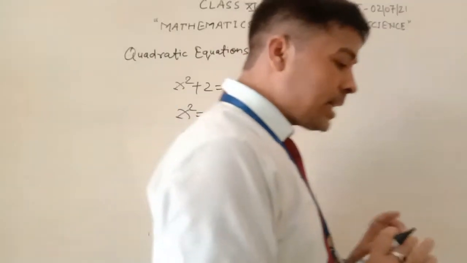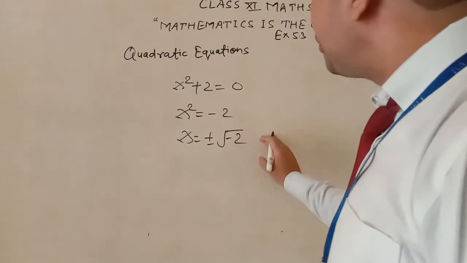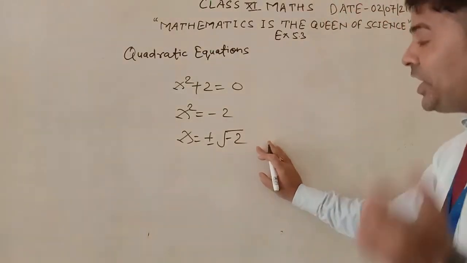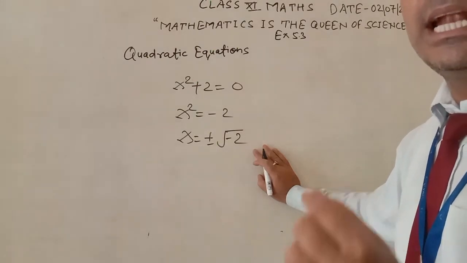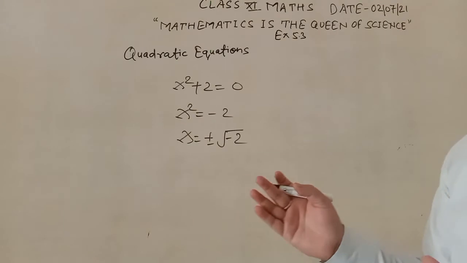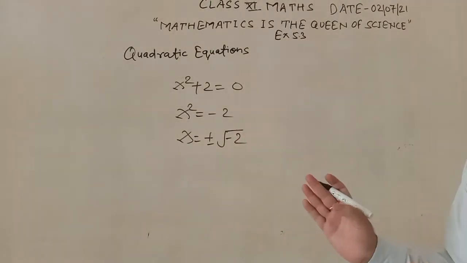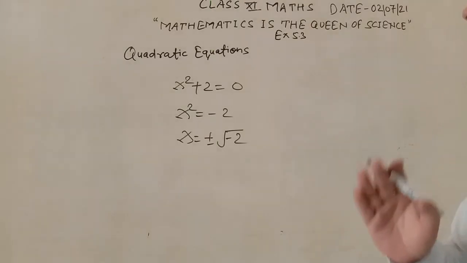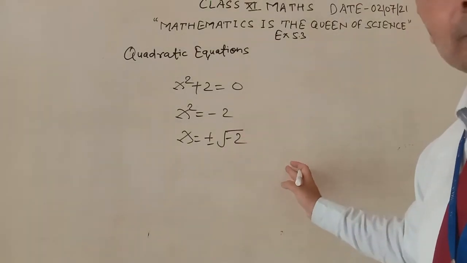In earlier classes, you didn't have any idea how to solve this type of problem when a number contains a negative root. But starting with complex numbers, and the quadratic equation is a part of complex numbers, you now have an idea how to solve this.